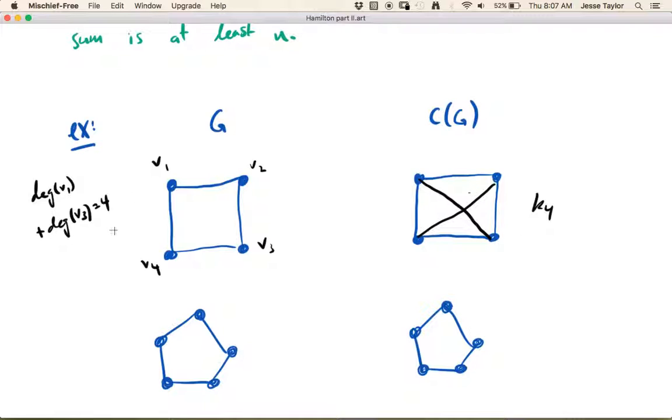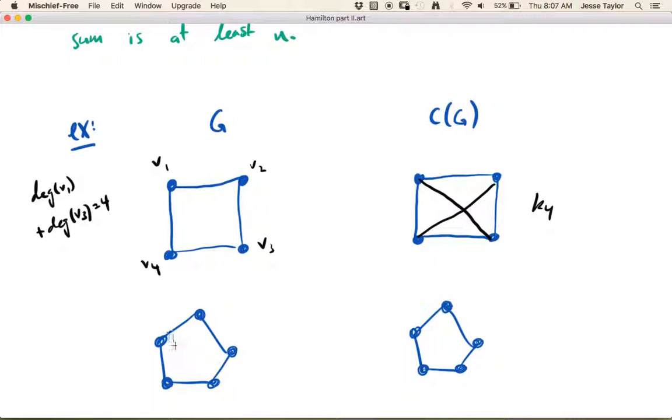Okay, so let's see if anything happens in the next one. So this was a 4 cycle. Now let's consider a 5 cycle. Okay, again, we only want to add an edge if you can choose 2 vertices that aren't already connected, for example, maybe these two, and if you sum their degrees, you get at least the order of the graph.